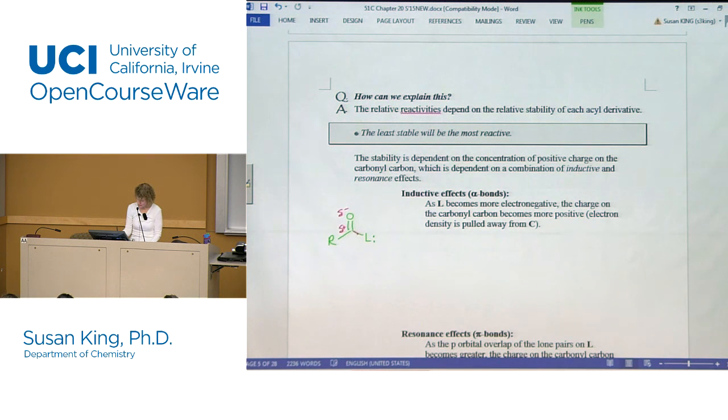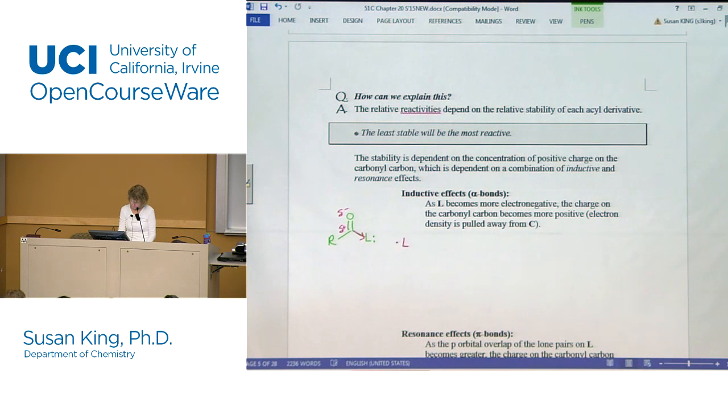So if we're talking about inductive effect, as L becomes more electronegative, what's that going to do to the carbonyl carbon? It's going to make it more reactive or less reactive? It already has a partial positive charge. It's going to make it more positive. It's going to pull more electron density away from the carbonyl.